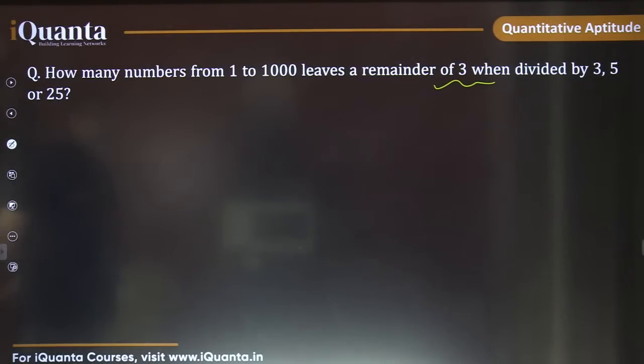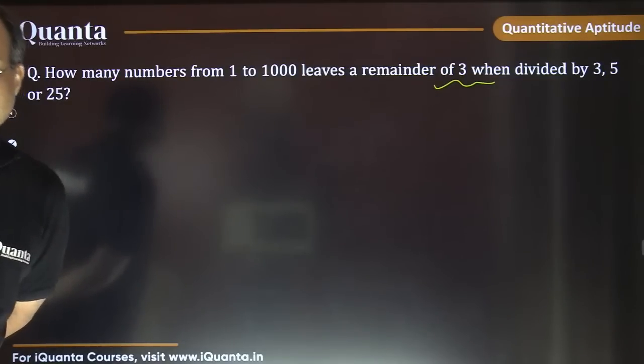How many numbers from 1 to 1000 leave the remainder 3 when divided by 3, 5 or 25?